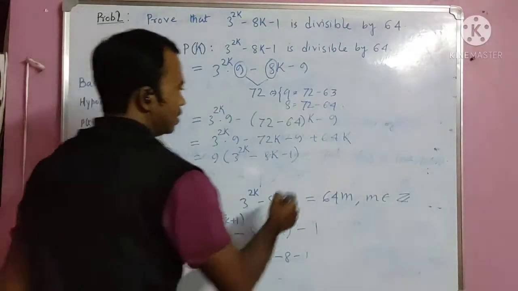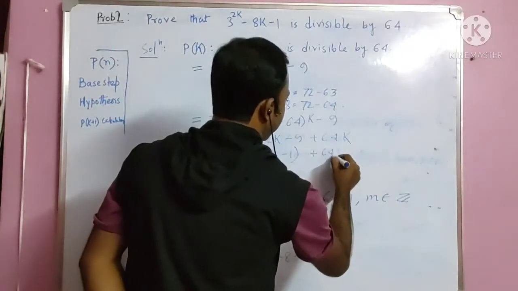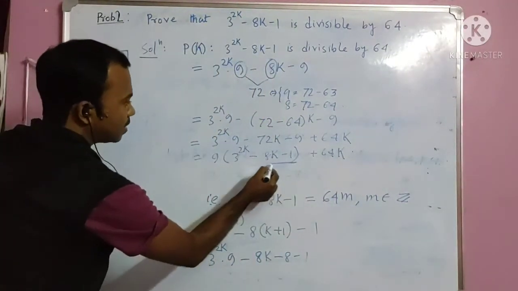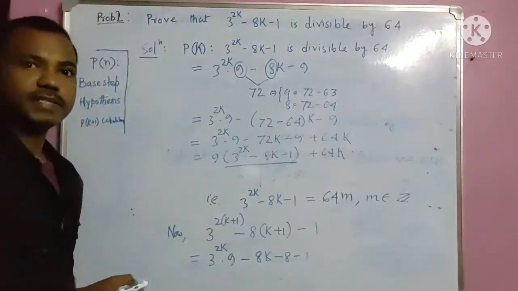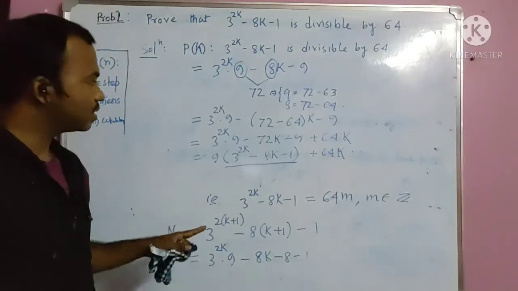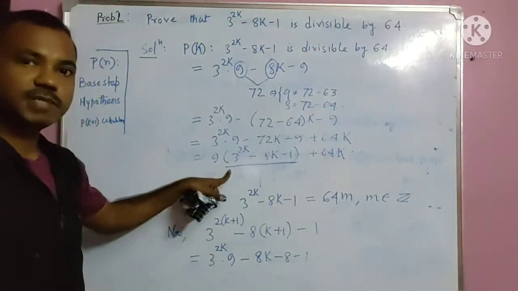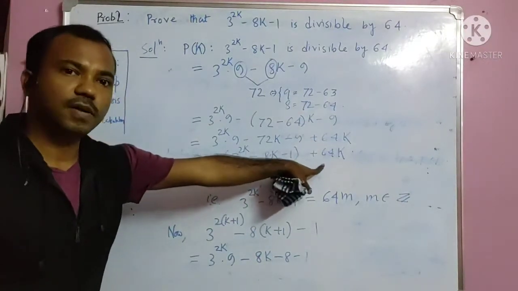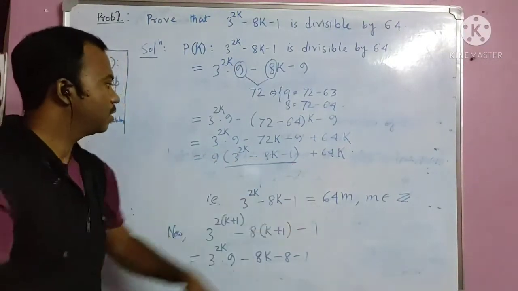You get this, and 64k. This is divisible by 64 from the hypothesis, because in the hypothesis you said Pk is divisible by 64. And this is of course divisible by 64.